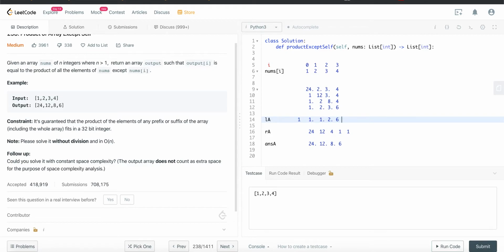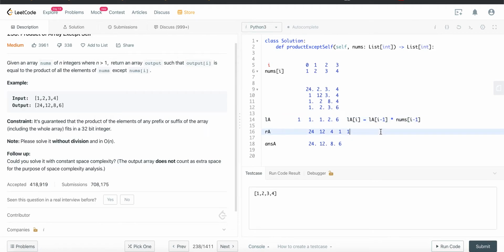So the value at the current index, you can say LA of i is equal to LA of i minus 1 into nums of i minus 1, the previous element. So basically we are calculating in this way.